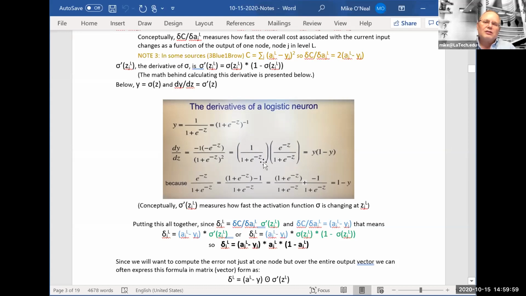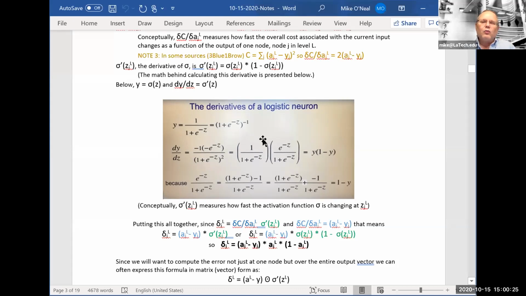This is just this twice. So I'm multiplying here. That gives twice. And this is just minus 1 times minus e to the minus z. You might say, well, where did my minuses go? A negative times a negative is a positive, so they cancel out. So it's just easier to write it as 1 over 1 plus e to the minus z times e to the minus z over 1 plus e to the minus z.